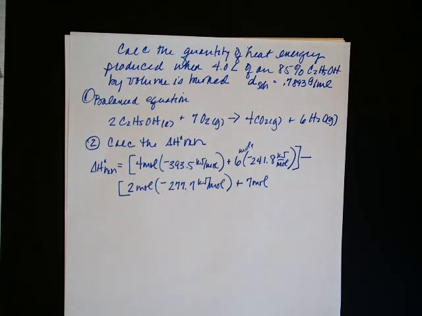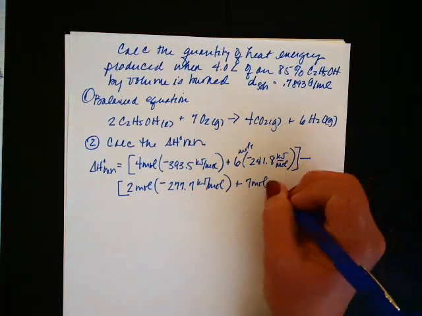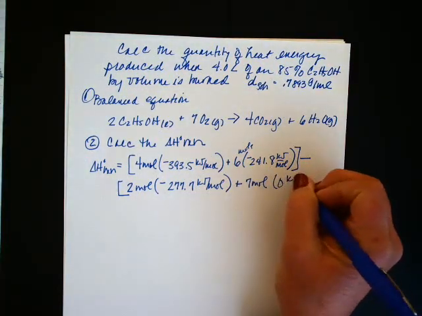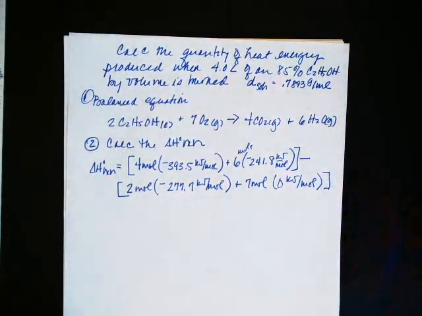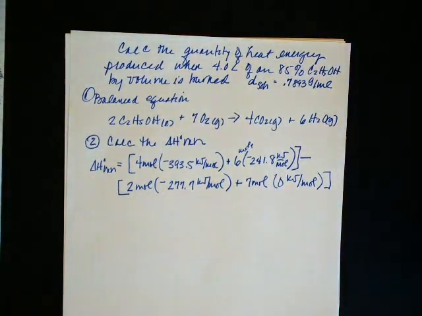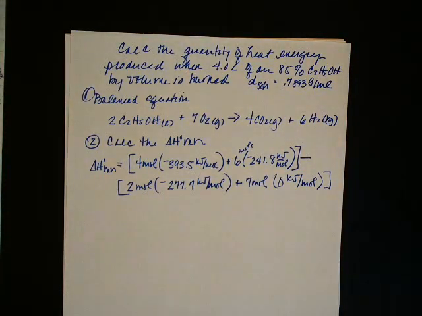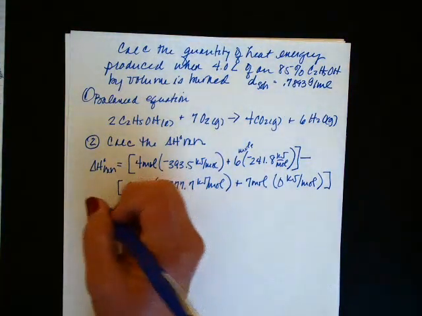O2, that's its most stable physical state. So this is 0 kilojoules per mole. So keep in mind, these coefficients are exact numbers, so we won't consider them with respect to sig figs at the end. But we will consider them when adding the decimal places.